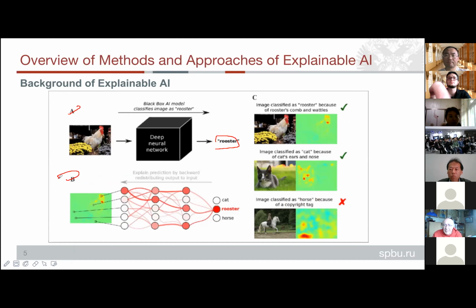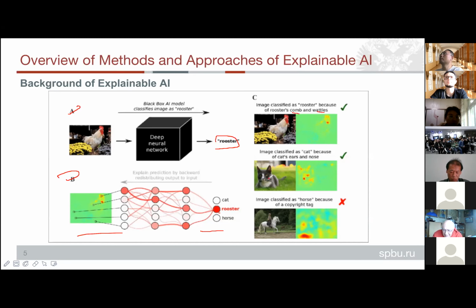Part B shows us the principal process of explainable AI from output to input. The darker the red color is, the greater the impact on the result. So we can get the explanation. Image classified as rooster because of rooster's comb and wattles.